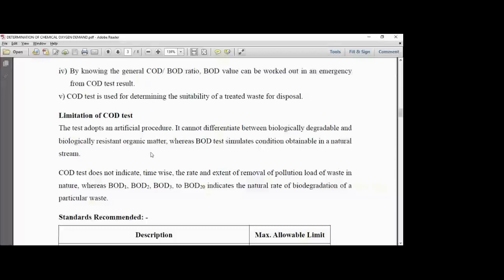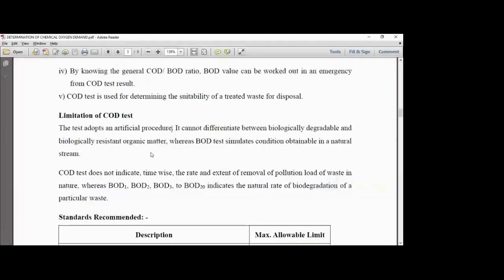By increasing the temperature, we have accelerated the chemical oxidation process. Chemical oxidation in itself is fast, but we have accelerated it more by setting the temperature to 150 degrees Celsius, which is the design temperature of this test.